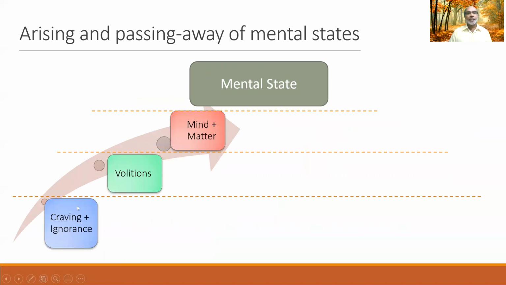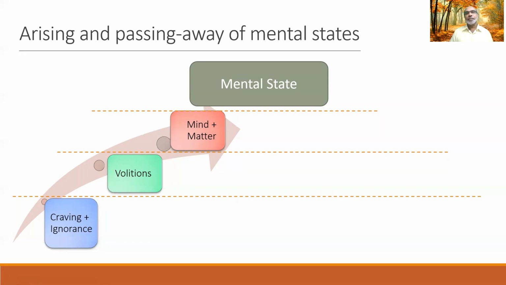This is the same thing, the rising part: craving plus ignorance, combined with volitions, combined with mind and matter, generates either a hostile state or non-hostile state, or a lustful state or non-lustful state. Likewise, all the states, even the concentration states, which we call absorption states, the samadhi states, are also generated the same way, due to causes.